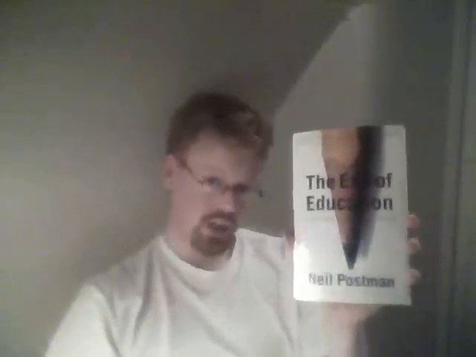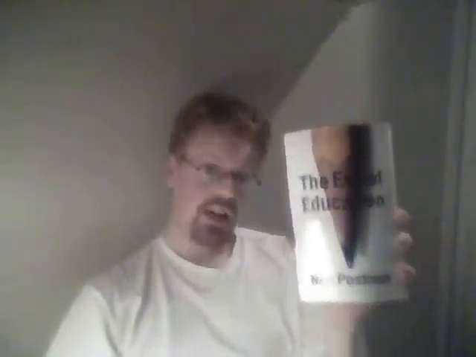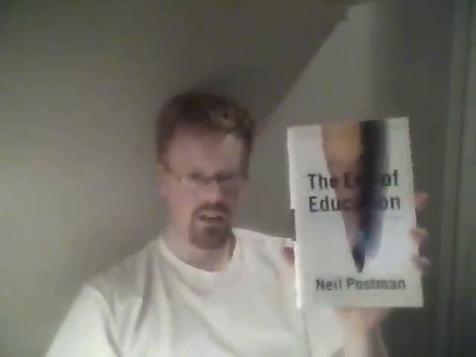I read this book a few years ago, and I originally thought it was about the actual end of education, as in education is going to end or cease to exist. But it's actually about the purpose of education, the end or the ends of education. So what is the end, or what is the goal of education? It's a pretty interesting book.